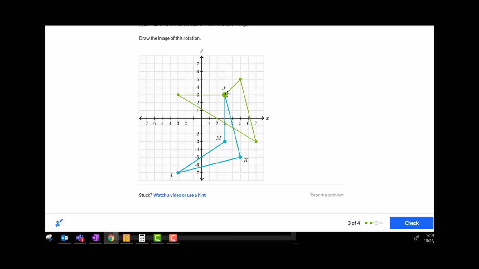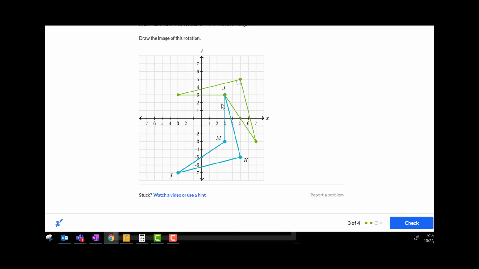And then M, this should be M. Oh, M should not be connected to K. So I went from M to K. This one's got to move here. Oh, there we go. All right, there it is.